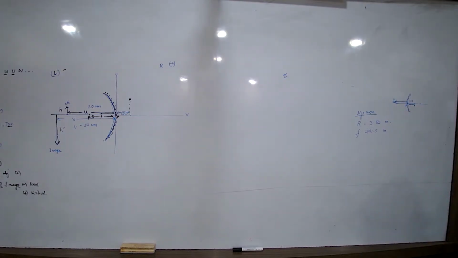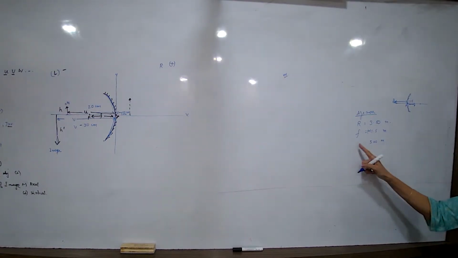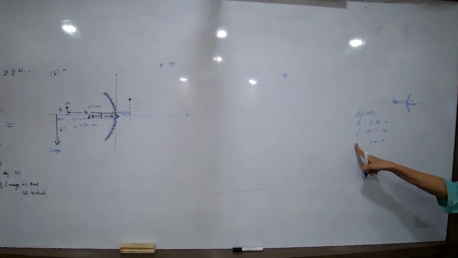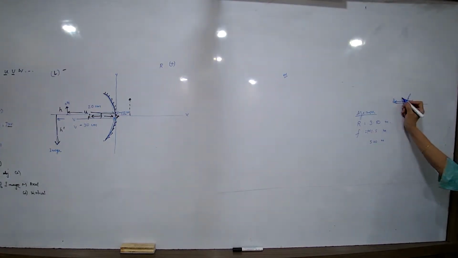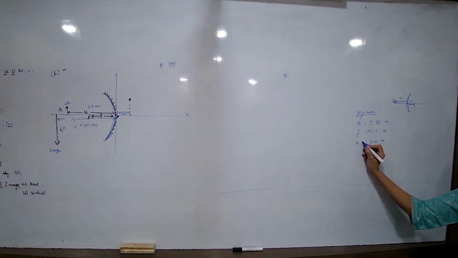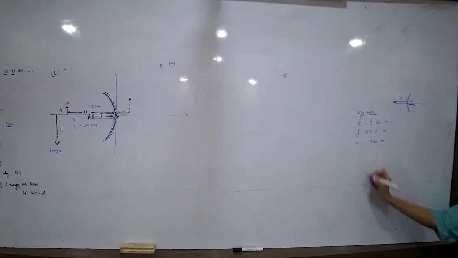It's 5 meters. Now what is this? Is it U or V or what? Bus is your object. Object distance is what? It is U. On which side is it? So minus. Did you understand how they are going to take? So that is your minus.